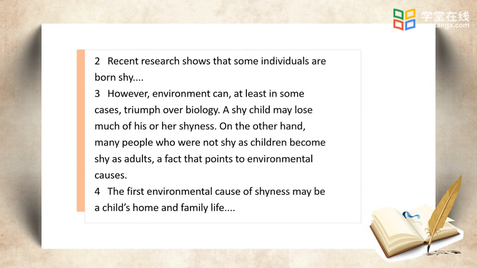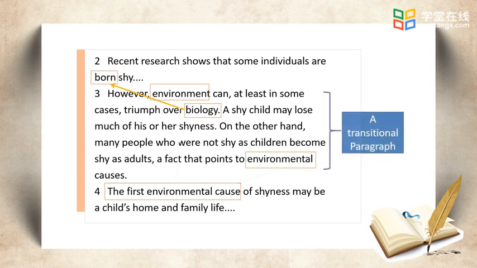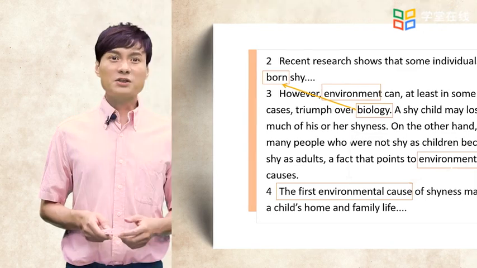Biology in paragraph 3 refers back to born shy in paragraph 2. Environment and environmental causes refer forward to the first environmental cause in paragraph 4, which obviously will further explain the cause. Therefore, paragraph 3 links both paragraph 2 and paragraph 4. We call such a paragraph a transitional paragraph, which is quite common.